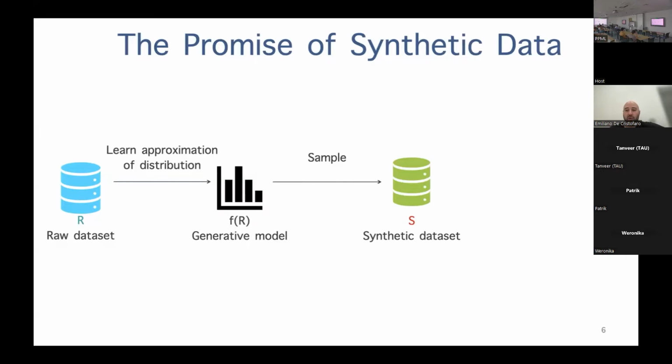Now you share the synthetic data set, and you can extract the statistical insights. Once again, the idea is that the statistical insights are close enough when you draw them from the synthetic data set versus the raw data set. That's the big idea.